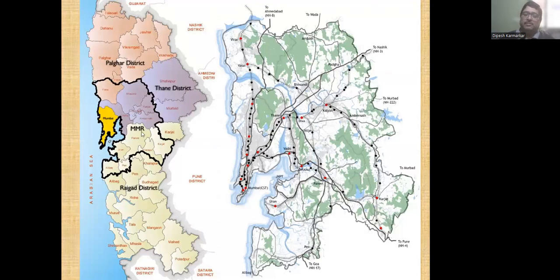This is a map of the MMR, or Mumbai Metropolitan Region. On this particular map, you can see the western Maharashtra districts, or the districts from the Konkan region: Palghar, Thane, Raigad, etc. And you can see this black line, which is the boundary of the metropolitan region. So a metropolitan region is not just one city.